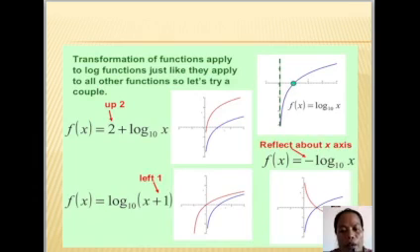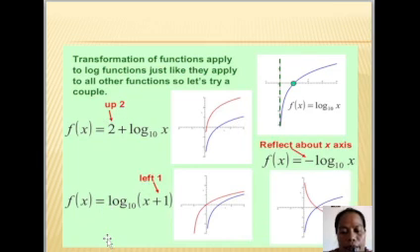Okay, here we also have transformations applied to logarithmic functions, just like they apply to all other functions. So kindly take a look at this. We have f of x is equal to 2 plus the logarithm of x to base 10.